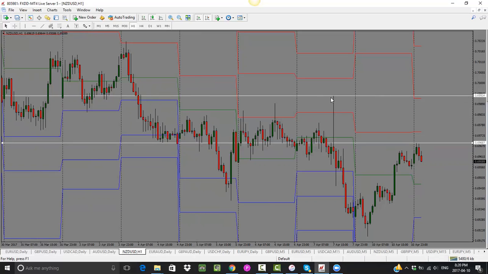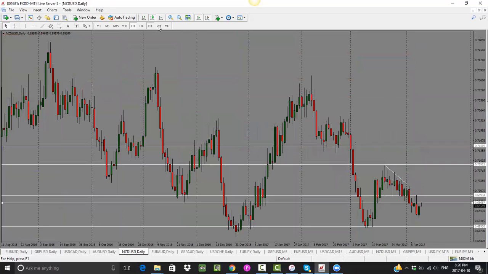So 69.93, which is the top of this pin. So I would keep that in mind, but the level it reacted to, this 69.68 level, is an important level. Just based on this support and resistance here, it is a pin right here. So we'll keep that as it is.